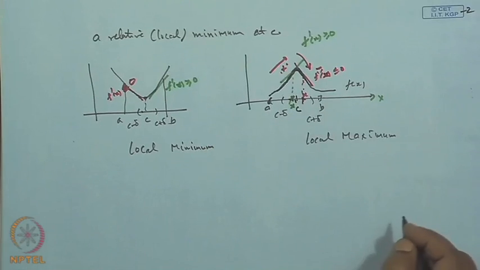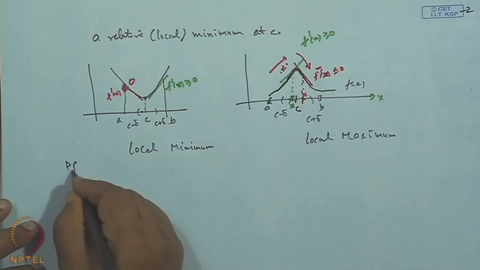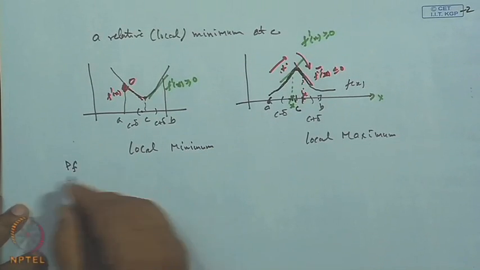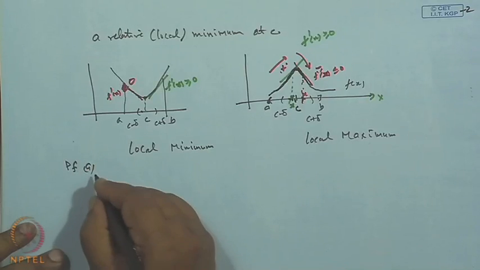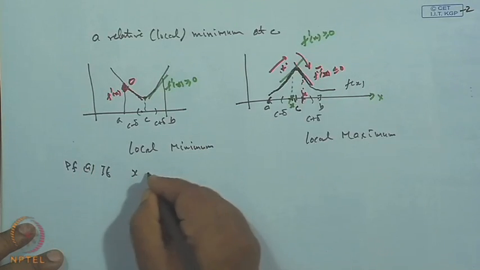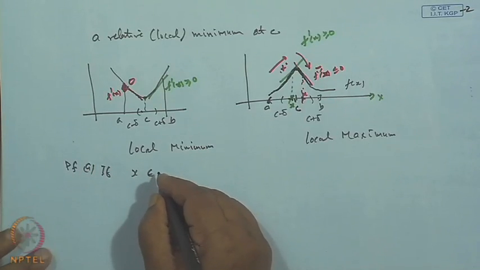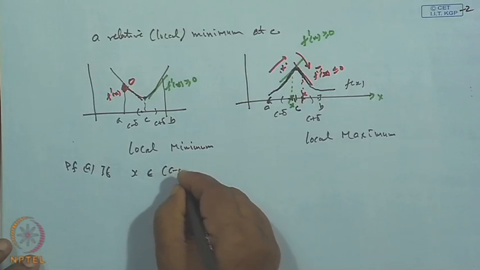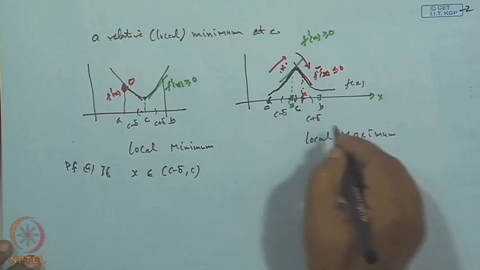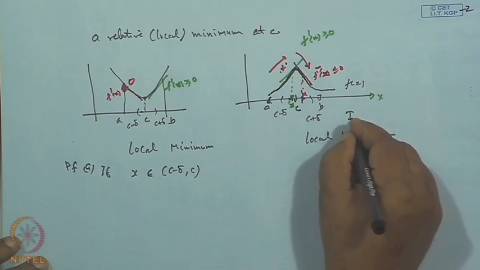Okay. So, let us see the proof of it. First we prove a part. Let x belong to the interval c minus delta to c, on the left hand side. So, this is figure 1.